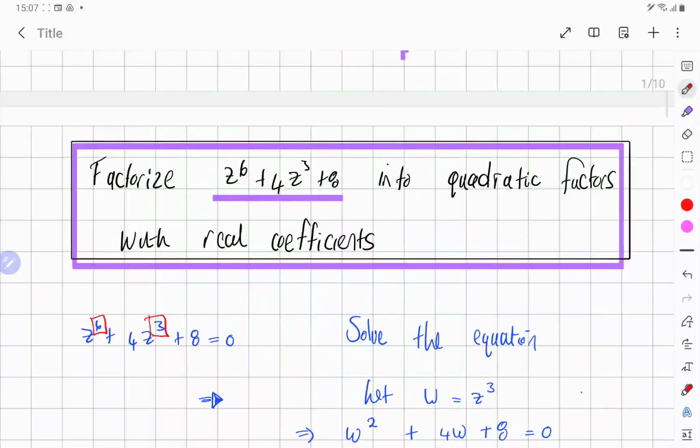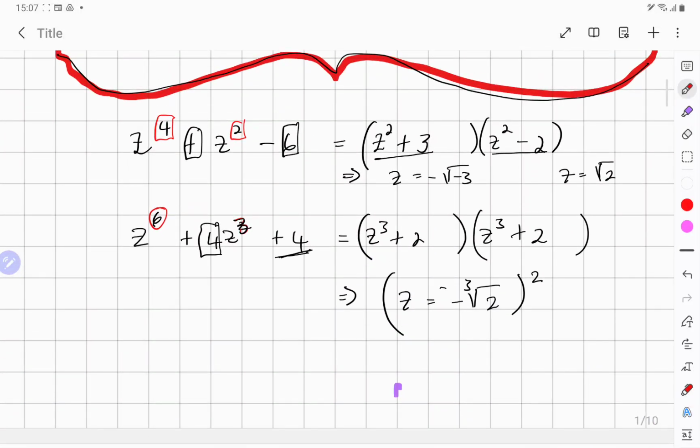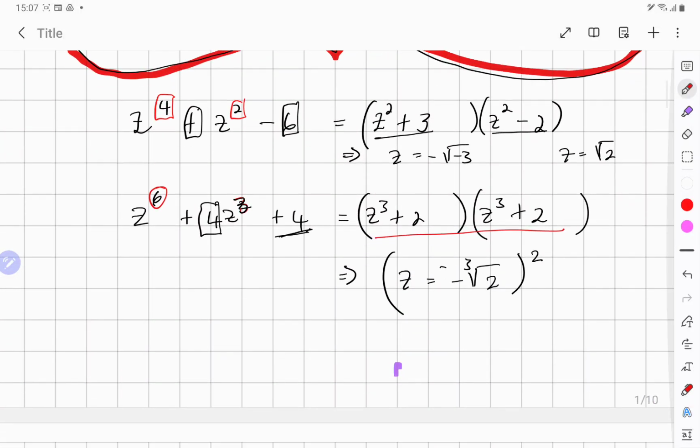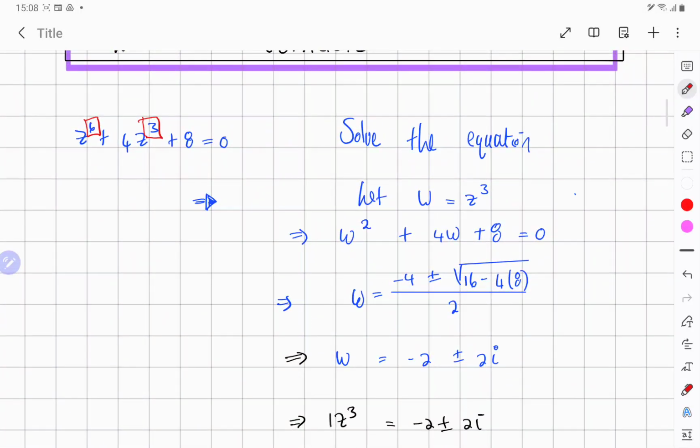If you struggle to see it straight away, like I did here, you can always use substitution. Most of you are familiar with K substitution from school, so if we let w be z to the 3, we will always let K or w be the smaller factor.